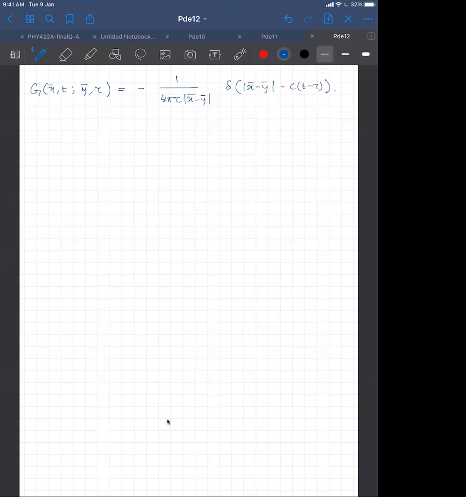So this essentially ensures t minus tau is greater than 0, and this Green's function is called the retarded Green's function.